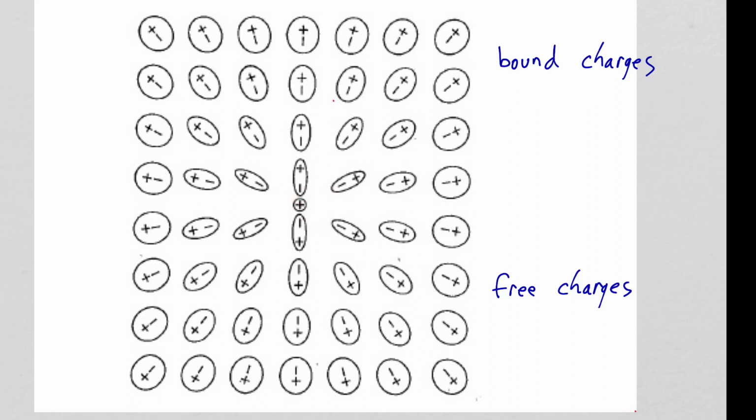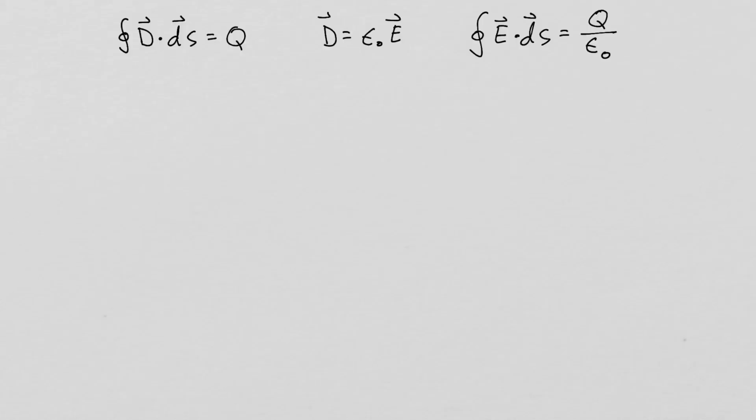It also originally came from a long distance away, whereas bound charges only move an interatomic distance. We will only encounter bound charges inside dielectrics. Dielectric is just another name for an insulator.